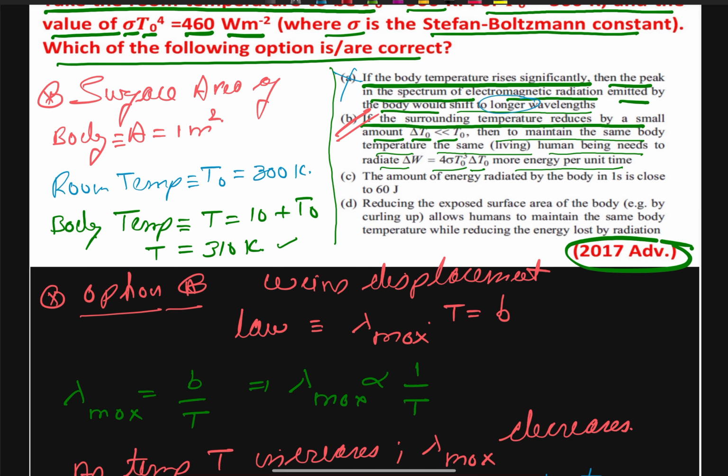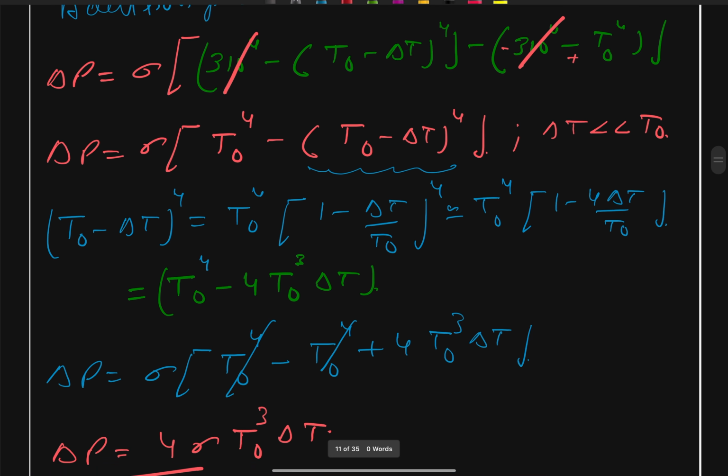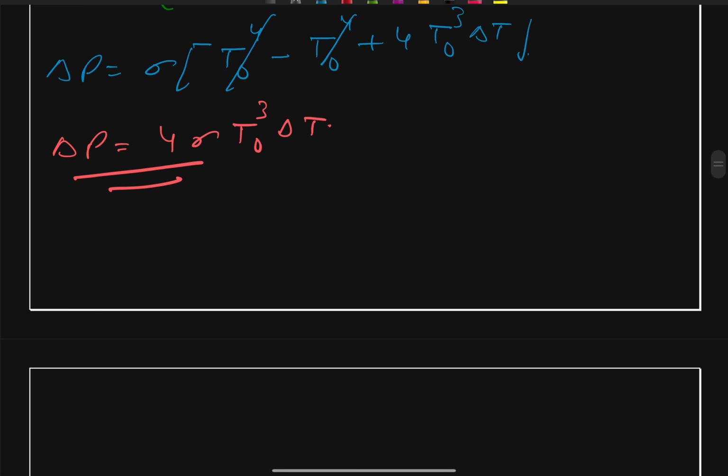It is written as delta W, so we can just substitute it by delta W. So this is the same as delta W, and we can say our option B is correct.